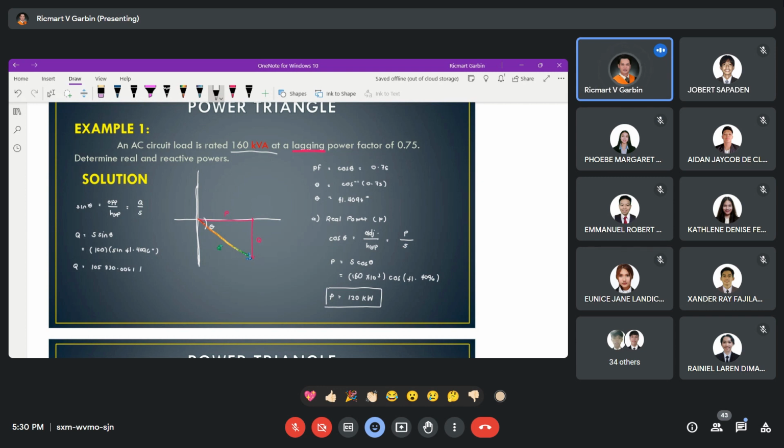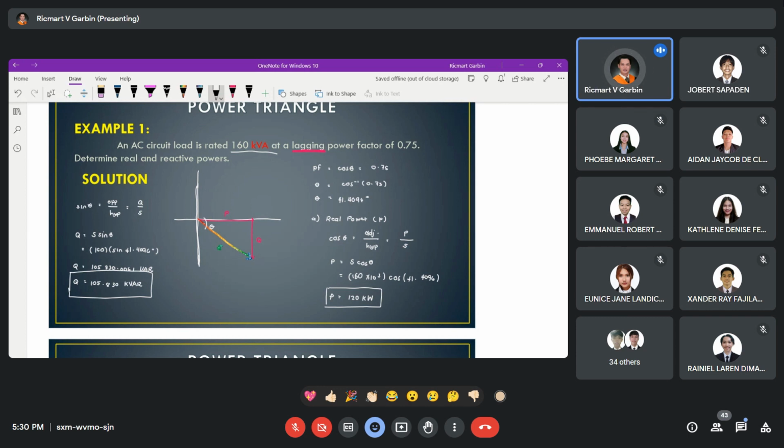So this is VAR, volt ampere reactive, or 105.830 kilo VAR. Yan.